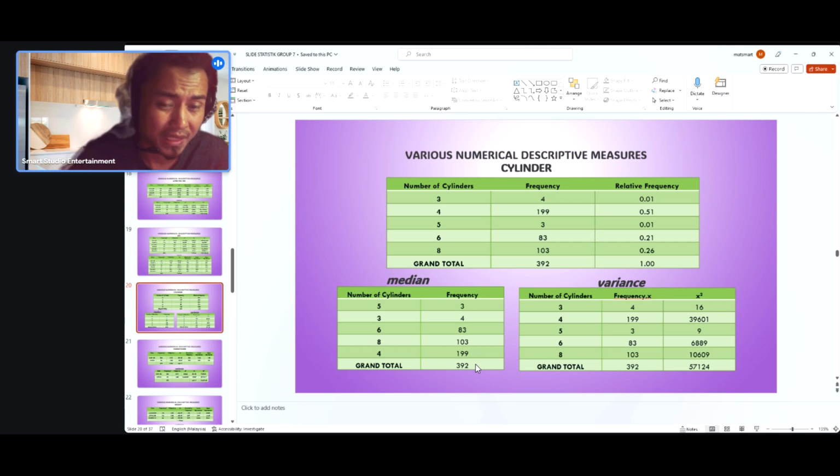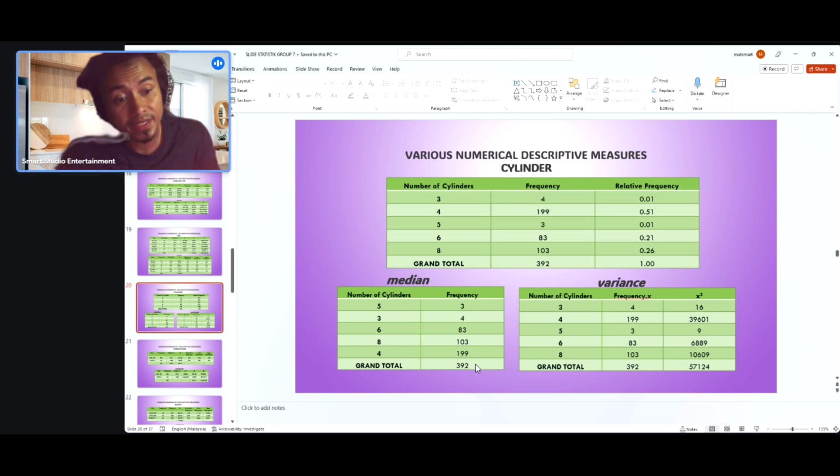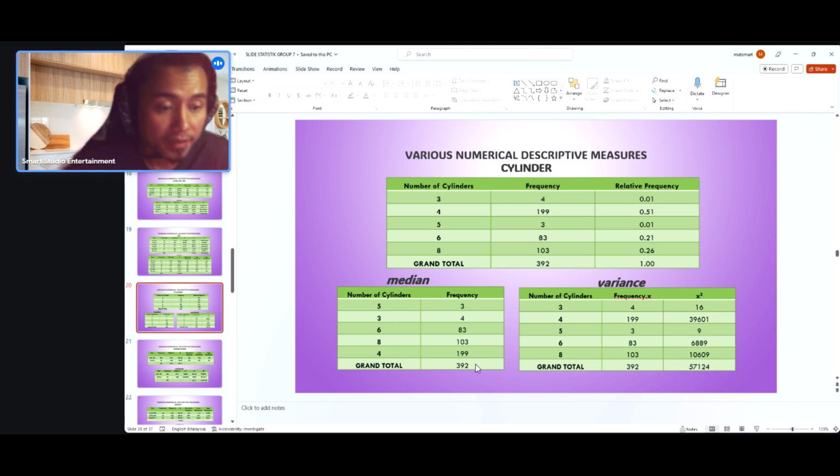We have number of cylinders 5, 3, 6, 8, and 4. Frequency 3, 4, 83, 103, 199, and the grand total we got is 392.